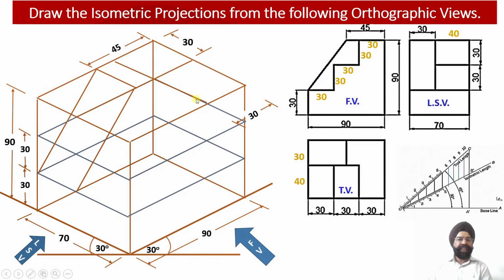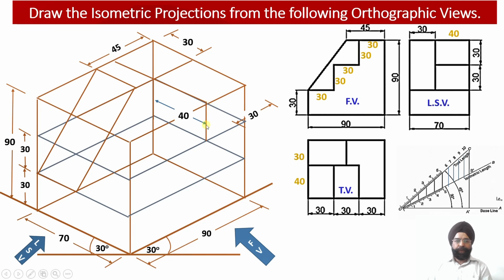So from this portion of the solid, which happens to be having 40 millimeter of the width, now I am going to draw the vertical projections which is having the dimension or the depth equal to 30 millimeter. So the height of the step number 3 is equal to 30 millimeter. So this is 30, height of the step will be equal to 30 millimeter.